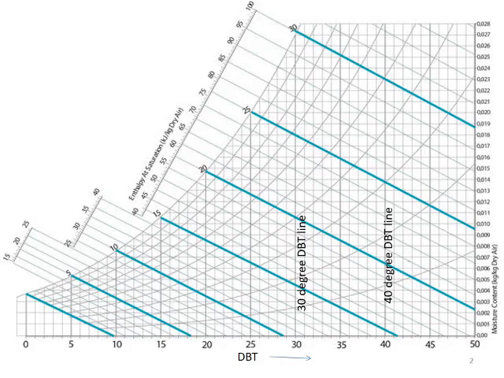Now let us come to the next property. Come to the right side vertical axis. There you have the graduations from 0.00 to 0.028 in steps of 0.001. This is nothing but the specific humidity axis. Specific humidity is nothing but mass of water vapor per unit mass of dry air.